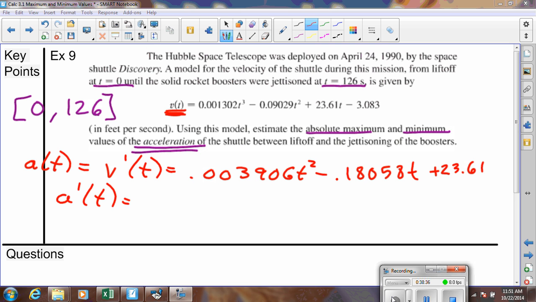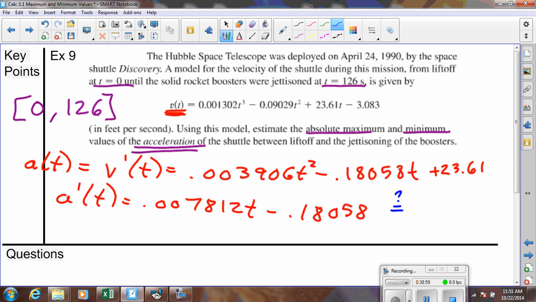So 2 times 0.003906 would be 0.007812 t minus 0.18058. So where does this equal 0? To get our critical values, we have to ask, where does that equal 0?